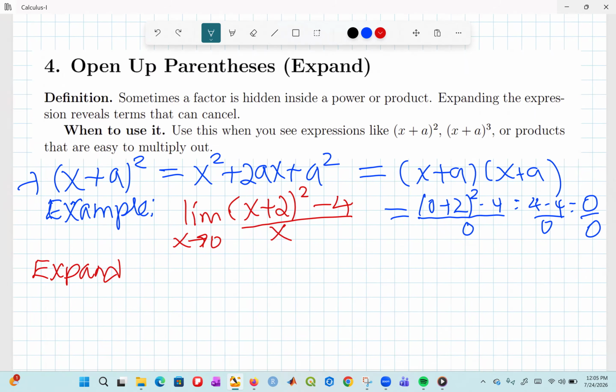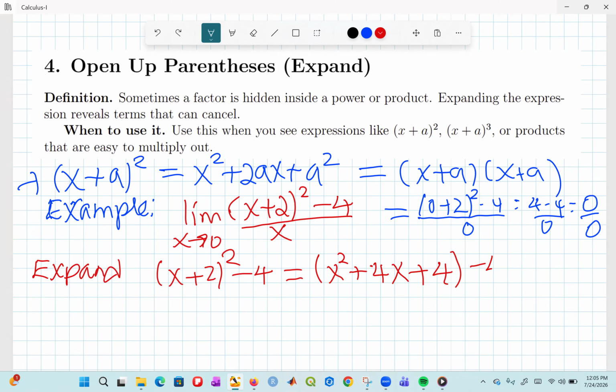Expand this one, x plus 2 the whole square, which is the same as x squared plus 2 times 2, we'll have 4x, plus 2 squared, we got 4, minus 4.